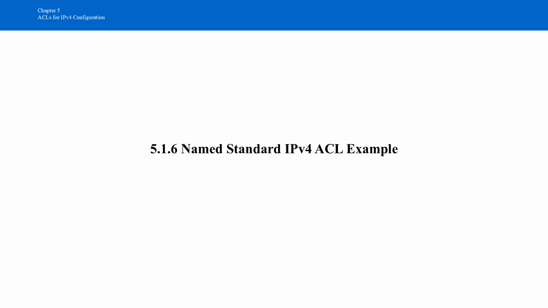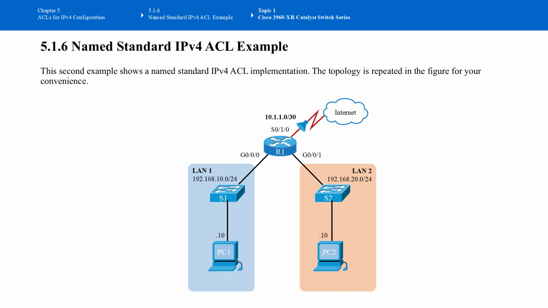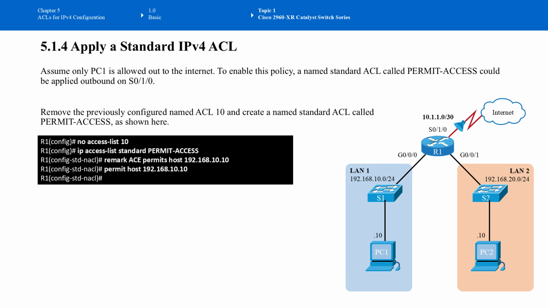5.1.6 Named Standard IPv4 ACL Example. This second example shows a named standard IPv4 ACL implementation. The topology is repeated in this figure for your convenience. Assume only PC1 is allowed out to the internet.